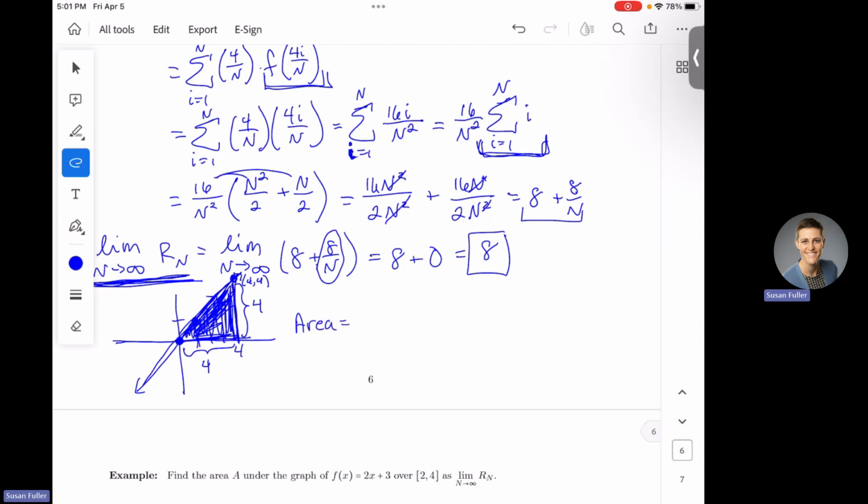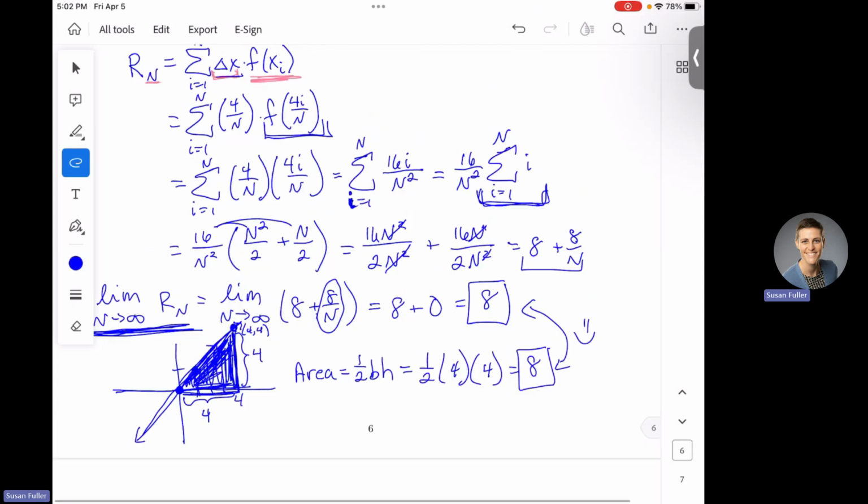How do you find the area of a triangle? Well, it's 1/2 your base times your height. So we're going to have 1/2 times the length of our base, which is 4, and the height of our triangle is also 4. Multiply all of that out, and you get an area of 8, which is exactly what we found above.